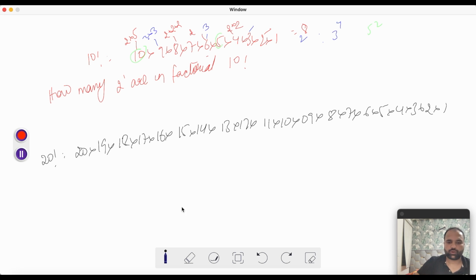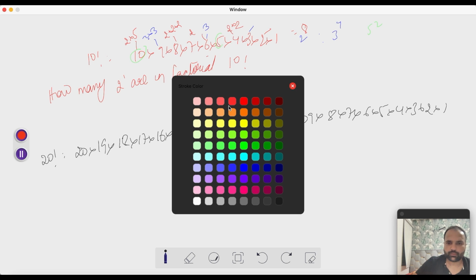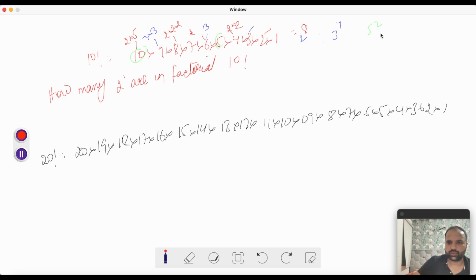Again, we'll be calculating in the form of prime factors, so we'll try to see 2, 3, 5, 7, 11, all these factors. How many 2's do we have?